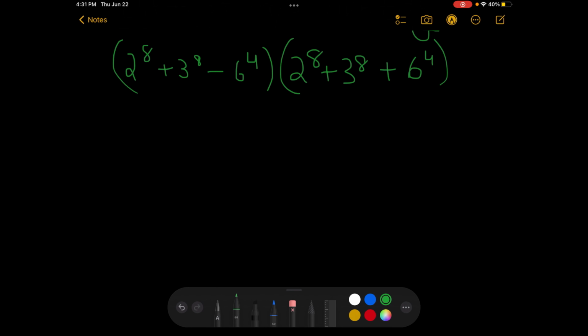So this box right over here, 2 to the 8th is 256. 3 to the 8th is 3 to the 4th squared. 3 to the 4th is 81. 81 squared is 6,561.